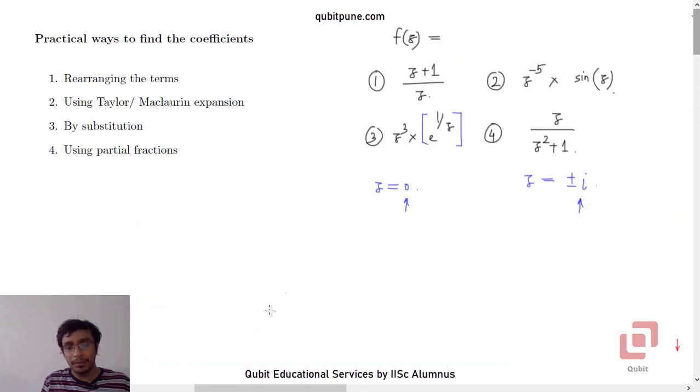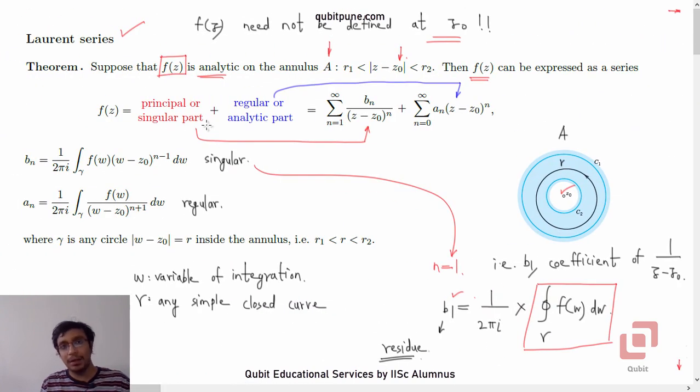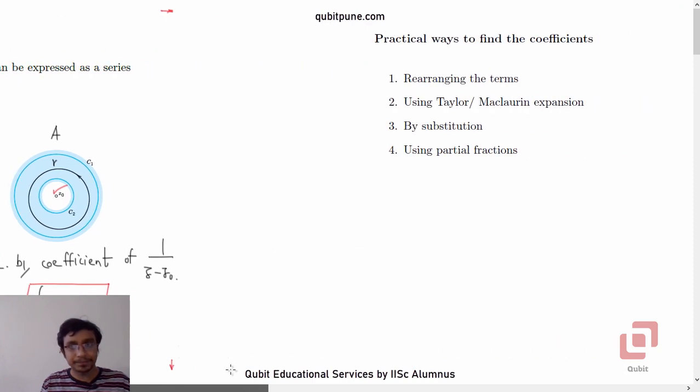Let me remind you that the singular or principal part is that part of the series which consists of negative integral powers of the term z minus z naught.